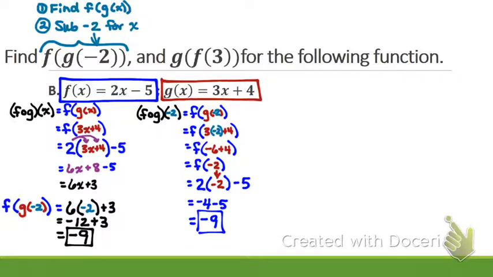We got -9. Same output either way for final output. So we can do it in 2 steps where we compose it all together and then we substitute in, or you can do the substitution earlier on. Feed it into the first function and then use that output in your second function.